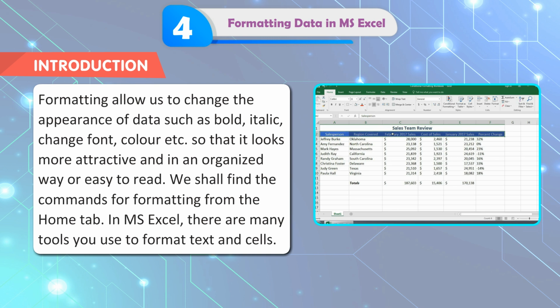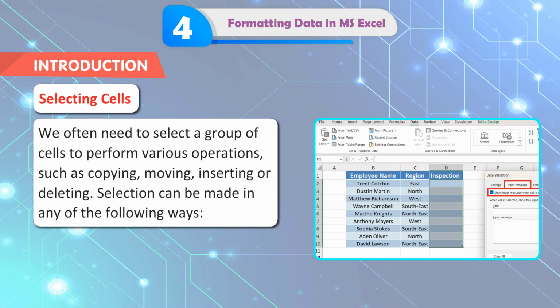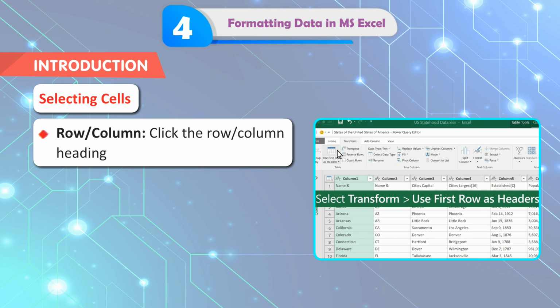In MS Excel, there are many tools you can use to format text and cells. Selecting cells. We often need to select a group of cells to perform various operations such as copying, moving, inserting, or deleting. Selection can be made in any of the following ways. Row or column: click the row or column heading.